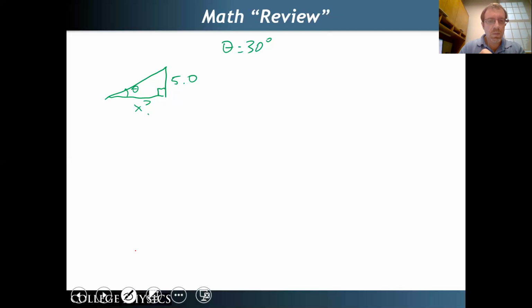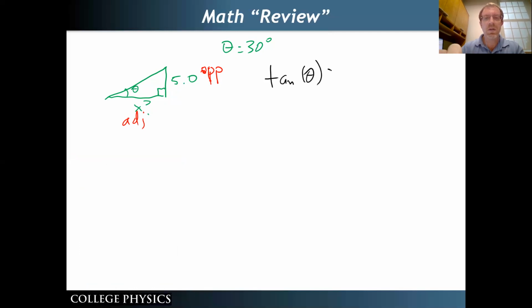In this case, my side that's length 5 is opposite theta, and my x is adjacent to theta. So I'm interested in opposite and adjacent. I should use the same formula as on the previous slide, which is exactly right: tangent of theta is equal to opposite over adjacent.